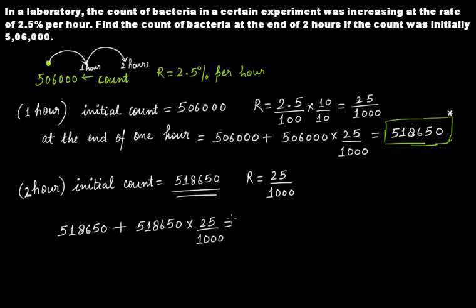If you solve it, you will get 531616.25. If you want to write the approximate value, you can ignore the decimal and simply write this much only. Okay, so this is the answer.